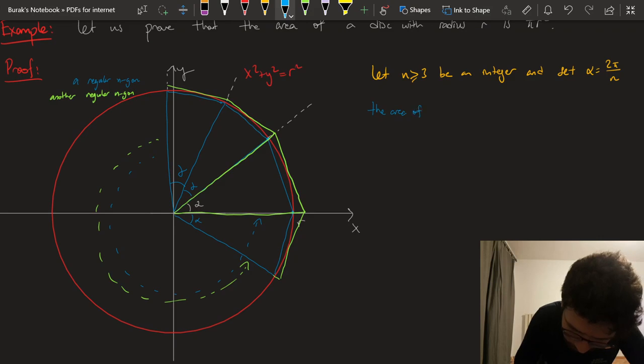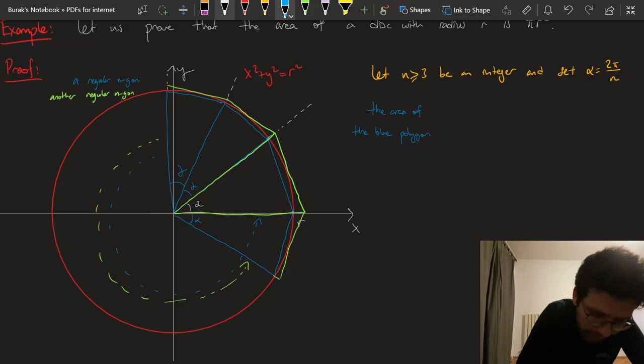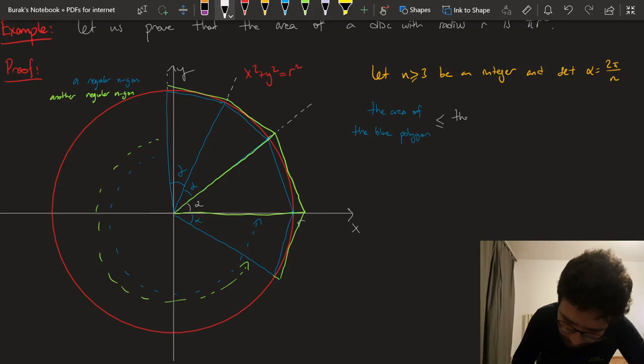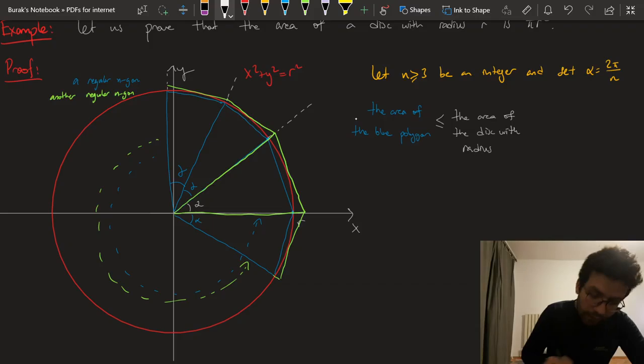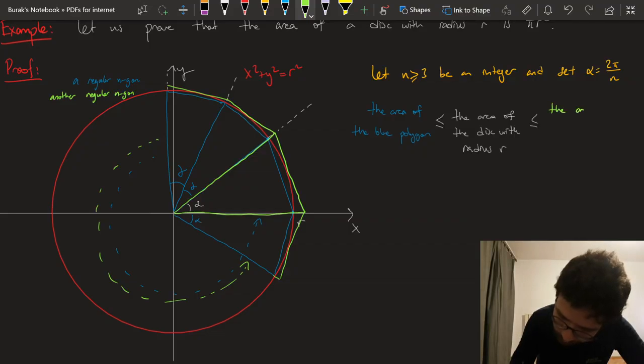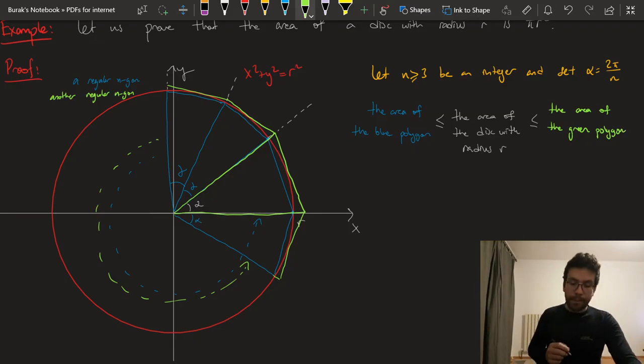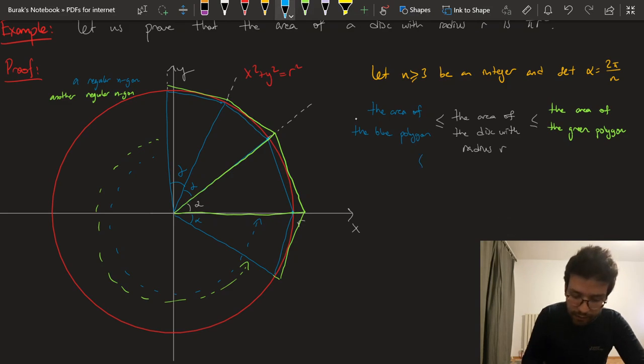The area of the blue polygon is less than or equal to the area of the disk with radius r, and this is less than or equal to the area of the green polygon. Now let me find these areas.